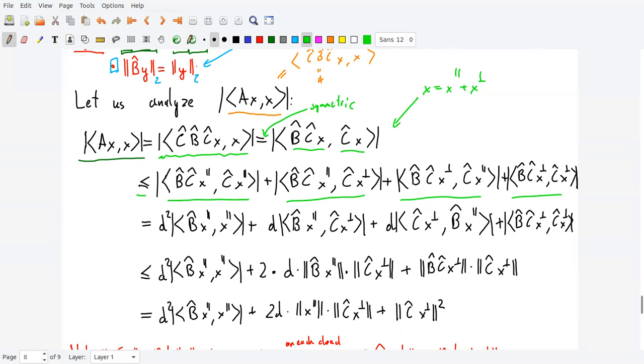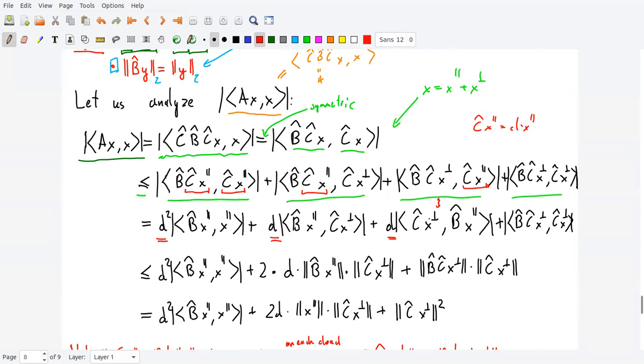Okay, so let's simplify it a little bit. Unfortunately, nothing will cancel explicitly here, but at least I see C hat applied to X parallel here, again here and again here. We already understood that C hat acts on the parallel part by just multiplying by d. So I can replace all of this by d times the parallel part, and move this d square in front here, d in front here, and d in front here.